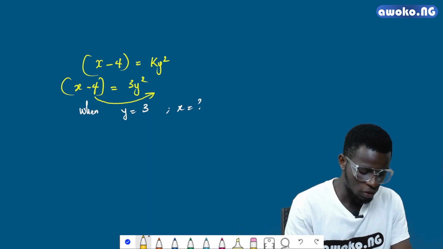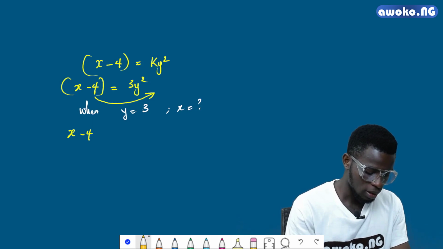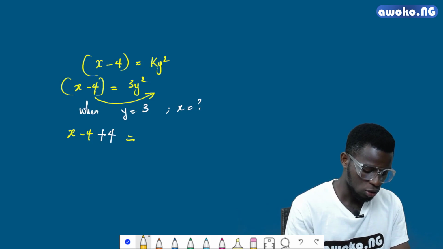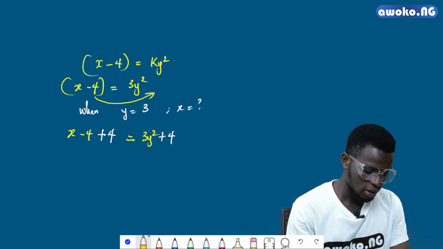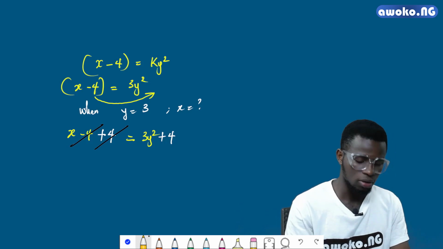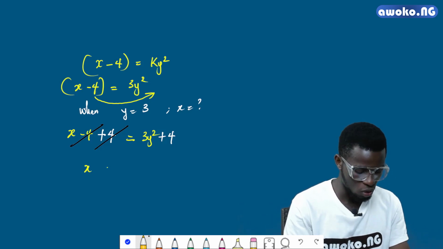So if we add 4 to both sides, we have x minus 4 plus 4 is equal to 3y squared plus 4. The reason we did that is so that these can cancel out and we are left with x alone on the left hand side. So x will then be equal to 3y squared plus 4.